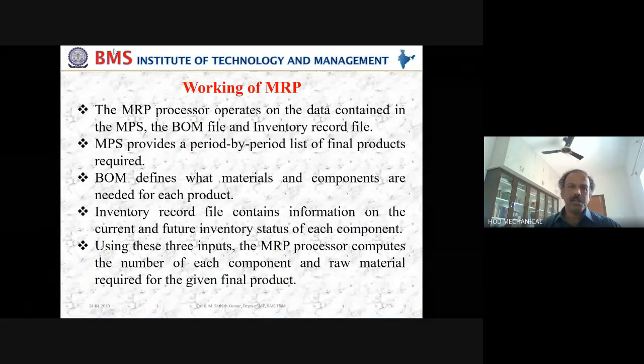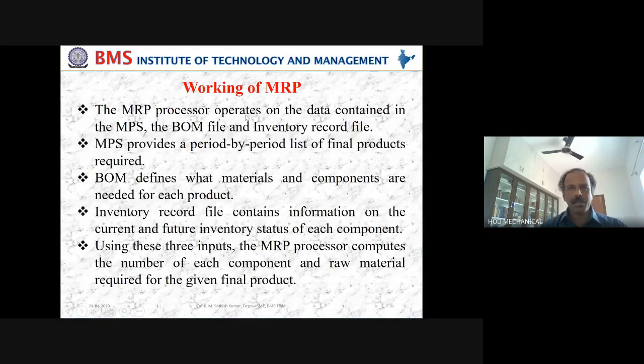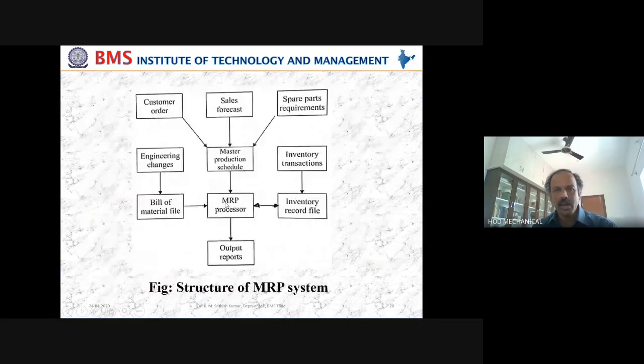That means the MRP processor operates on the data contained in the MPS, BOM file, and inventory record file. Please observe these words: MRP processor, MPS, BOM, and inventory record. The MRP processor will act on the inputs given by the MPS, the bill of material file, and the inventory record file.